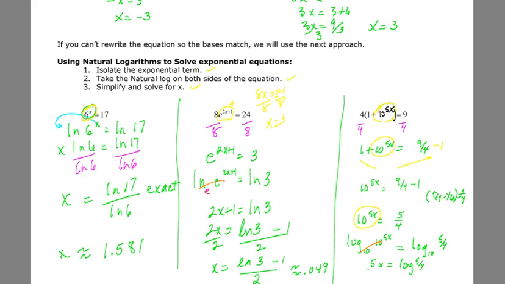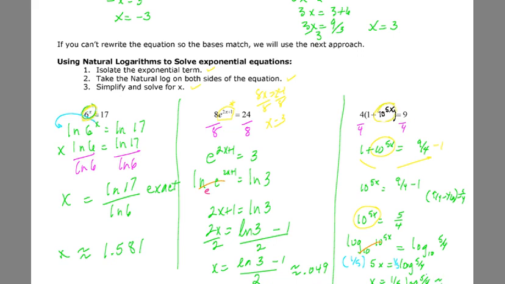And then we need to take that and get rid of this 5. Now here, I guess I could say divide both sides by 5, but I am more partial to multiply both sides by 1/5. You just get a cleaner looking answer if you do that. 1/5 log of 5/4. That's the exact value in terms of a common logarithm.